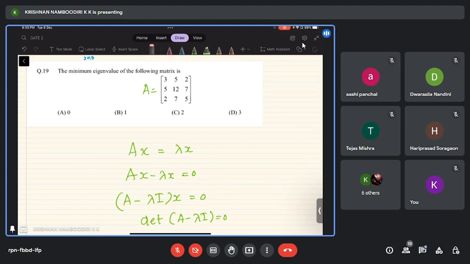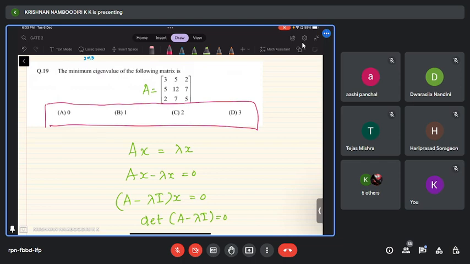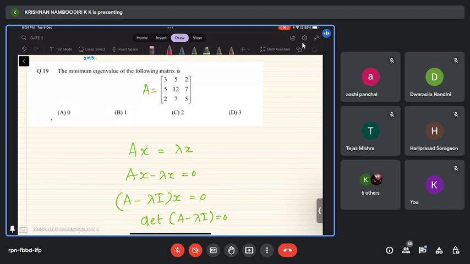One thing you can observe here is that all the options are 0, 1, 2, 3. There are no negative values, though these eigenvalues can be any negative number as well. No negative integers or negative real numbers are coming as the options. Correct? So if you can convince yourself, or prove, or show that 0 is one of the eigenvalues of the matrix, then you are sure that the minimum eigenvalue is 0.